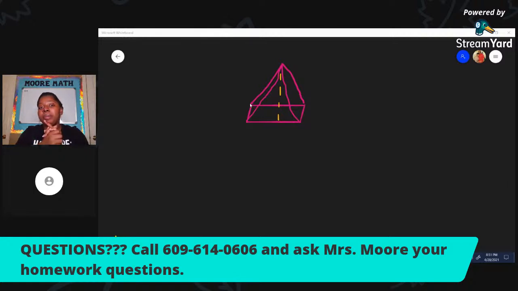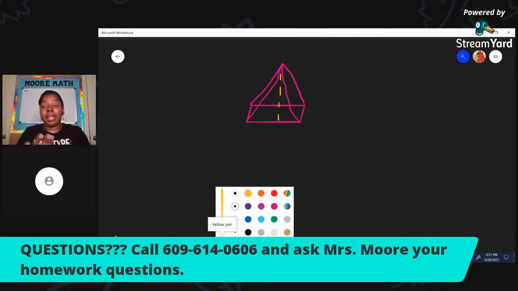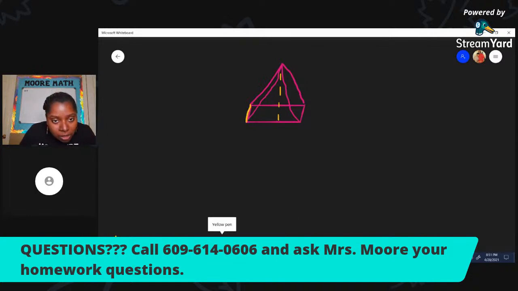Ignore my drawing, but the only thing that changes about a pyramid is the base. So tell me, what is the shape of the base of this pyramid? A triangle. So the sides are triangles, but here, what's on the bottom? What's the bottom shape? If you look closely, I know my pyramid is awful, but A rectangle.